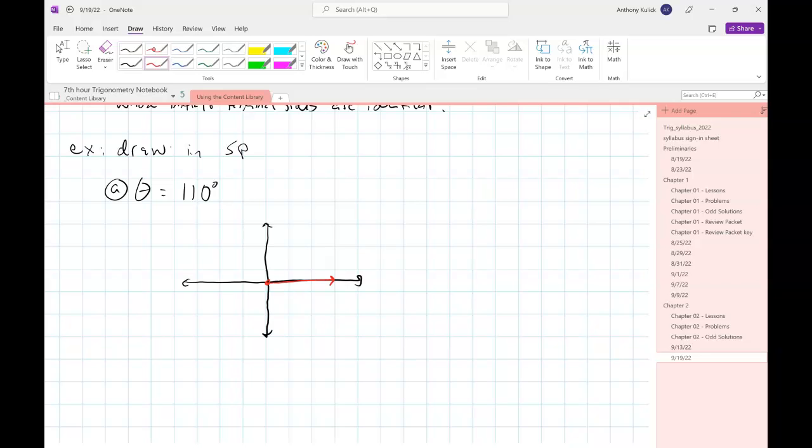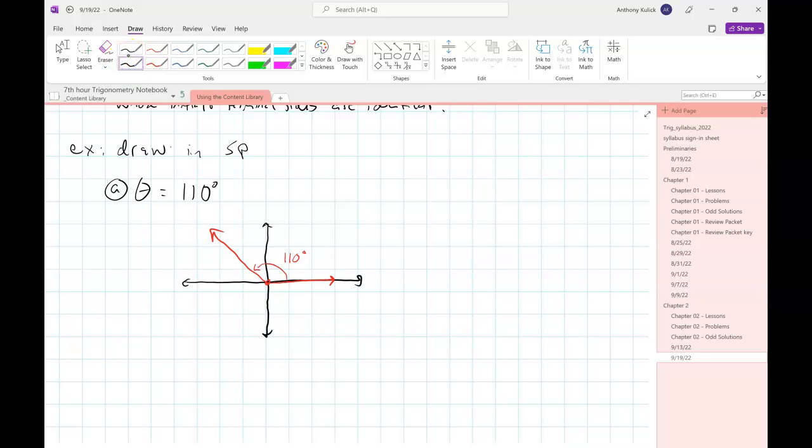How many degrees is each quadrant? 90 degrees, right? Like it's 90 degrees to here. Everybody agree with that? And then like 20 more, I just kind of eyeball, maybe to there. So then I'll draw my arm, and I'll just label that as 110 degrees. That's it.